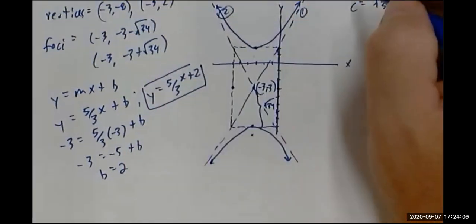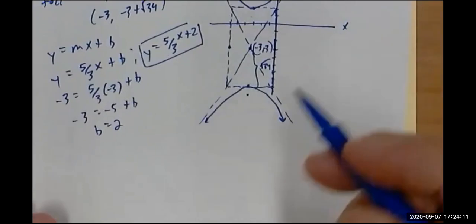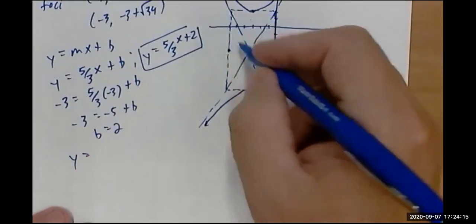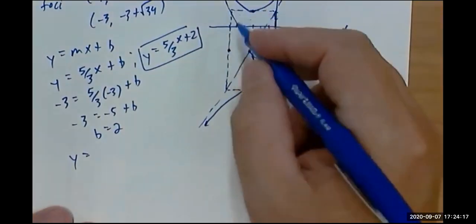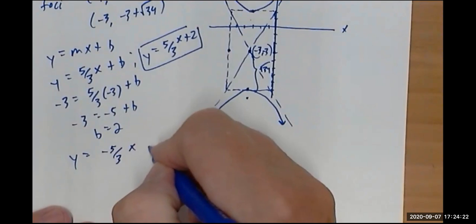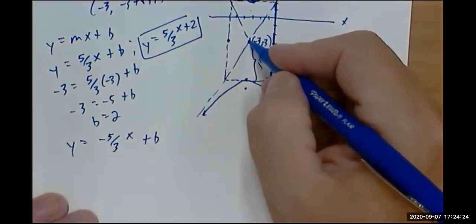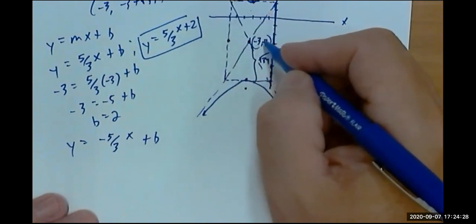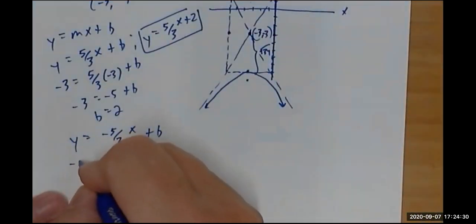There's one of my asymptotes. For number 2, I do the same thing. Now I know the slope is going to be -5/3, up 5 over 3. You notice -3, -3 is also on this other asymptote, so I'm going to plug that in for x and y.